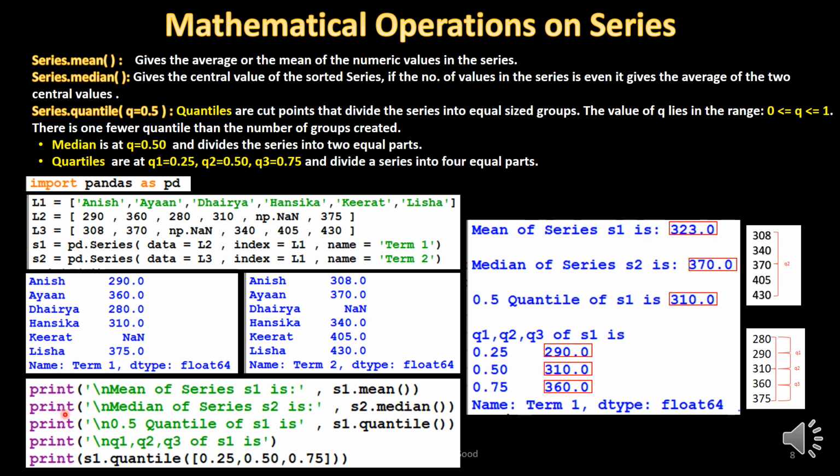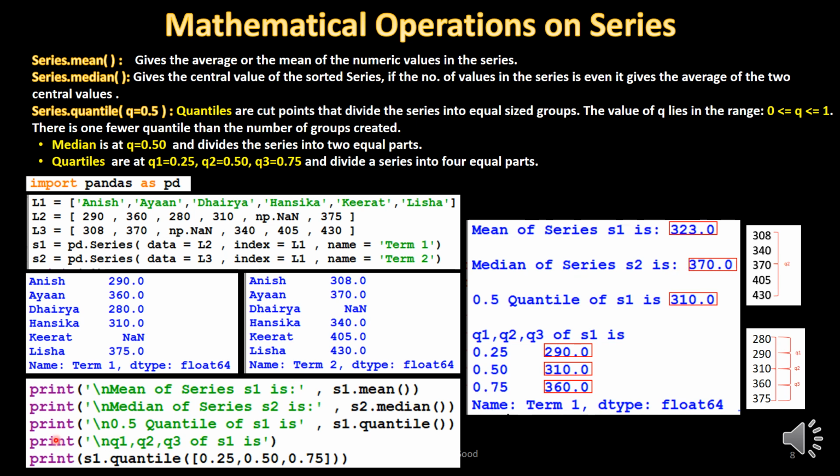The next statement print S2.median will first arrange the series S2's not null values in ascending order. Then it will give the central value 370 as the median of the series S2.